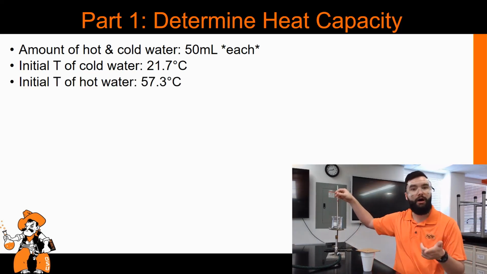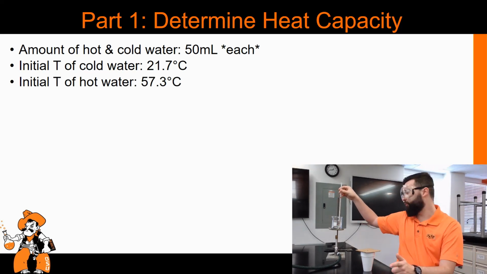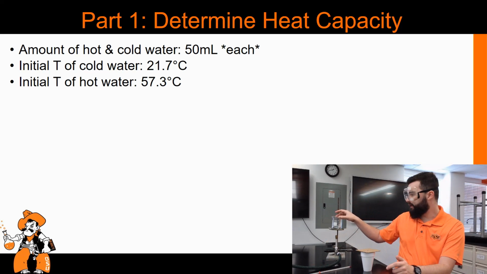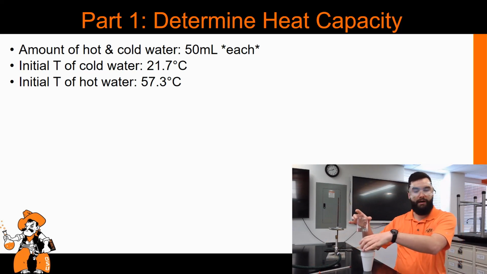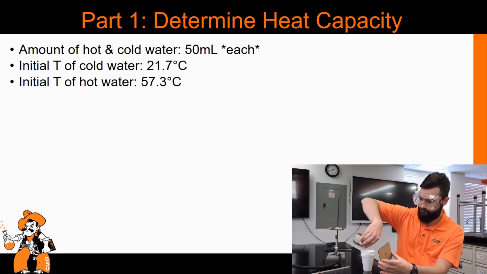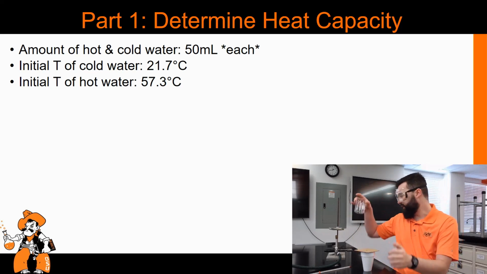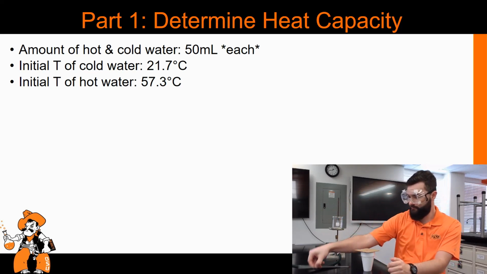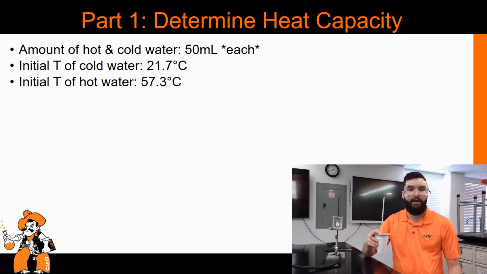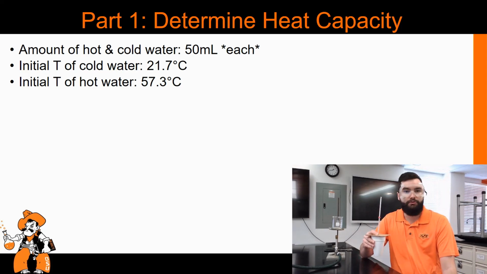All right, so the hot water is currently at 57.3 degrees Celsius. So I quickly add my hot water to my cold water, put my lid back on, put my thermometer in, and I swirl it until the temperature stops changing.